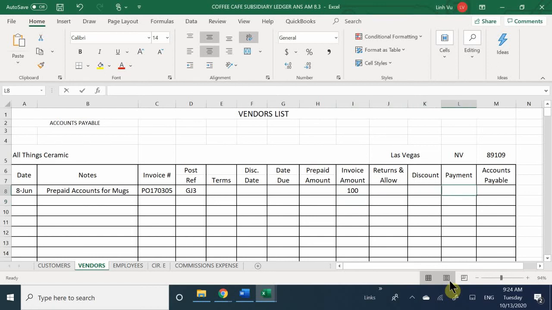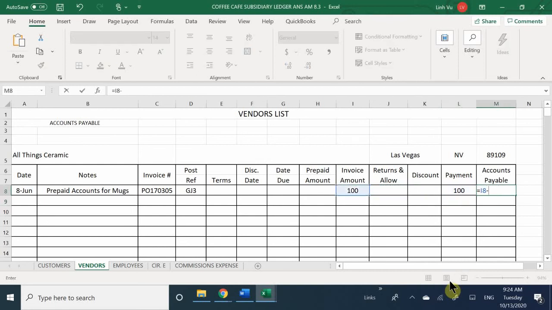And because I did that, I made a payment to the invoice amount. So therefore, I should get that I owe this vendor nothing, but they owe us money. Okay? Because we've made a payment already in place of the advance payment.